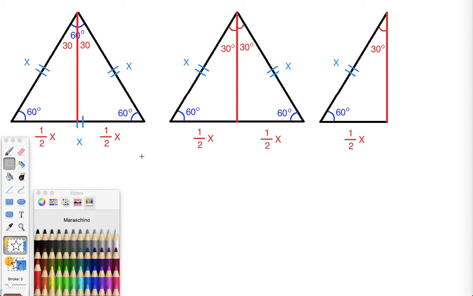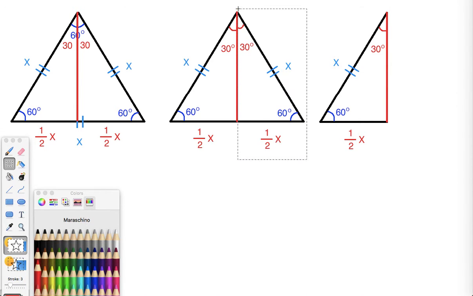Okay, let's clean this up a little bit. And here's the picture, a little cleaned up. So I cut the angle up top to 30 and 30, and I cut this length down here into 1/2 x and 1/2 x. And for our purposes, we only actually need half of this triangle.